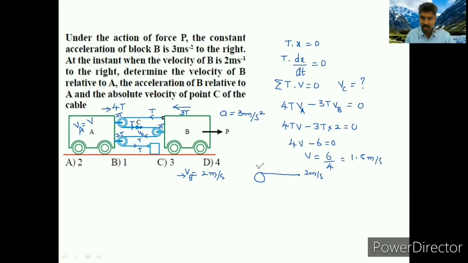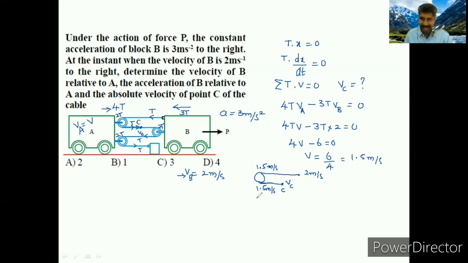Now on this side it is 1.5 meter per second. Now I am drawing this part, up to here C is there. Its velocity I am taking as VC. On this side the velocity is 1.5 meter per second.